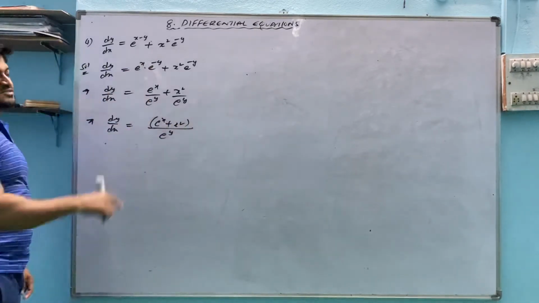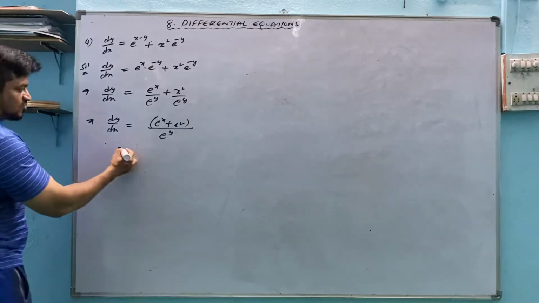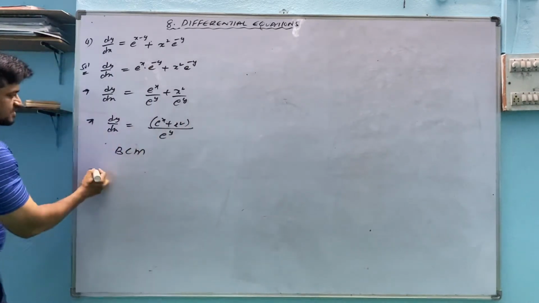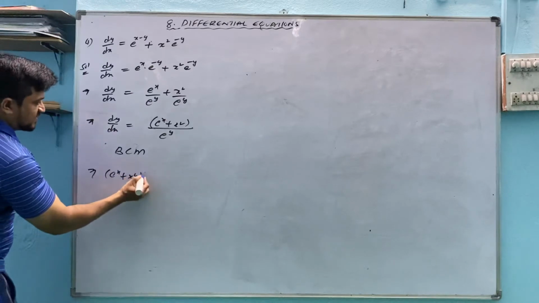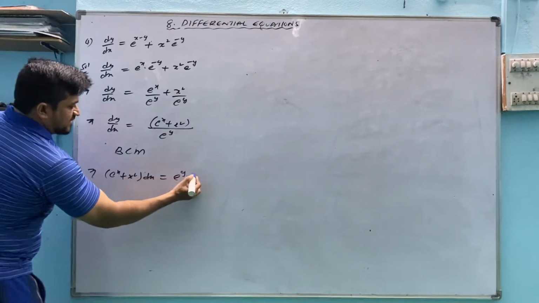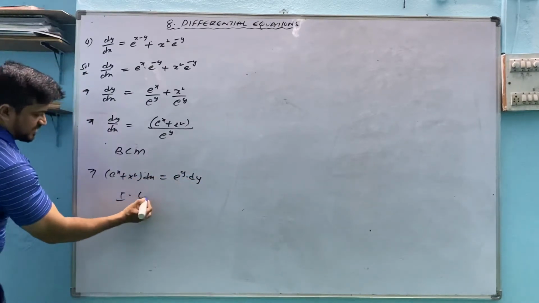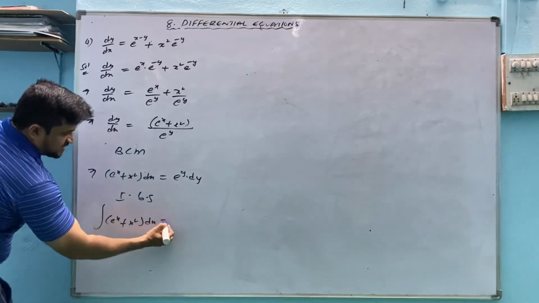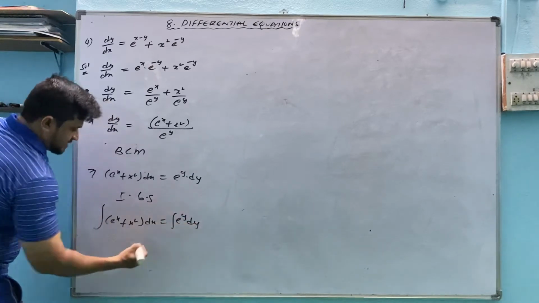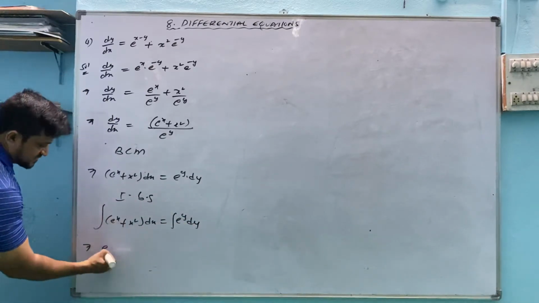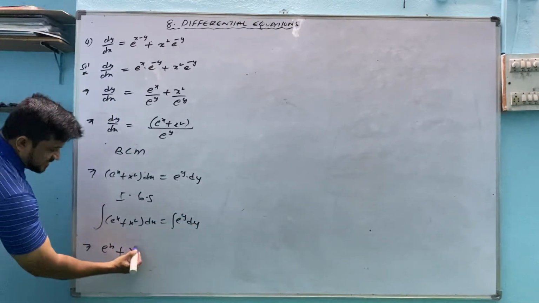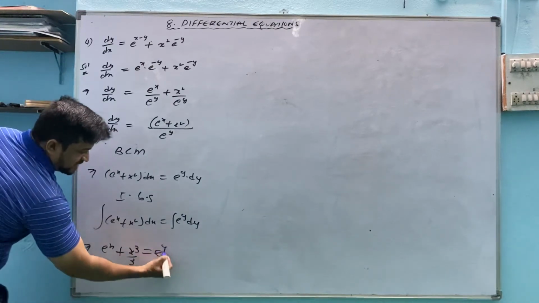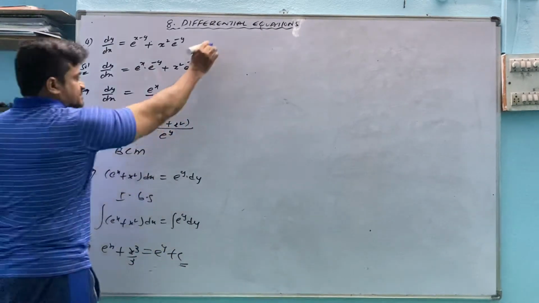What we have done, simplified up to some extent, then by cross multiplication: e power x plus x square into dx, here e power y into dy. Now integrating both sides. So the integral of e power x plus x square dx equals the integral e power y dy. Now integral e power x dx is e power x, integral x square is x cube by 3, e power y integral is e power y plus c.